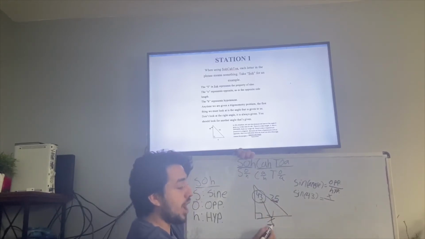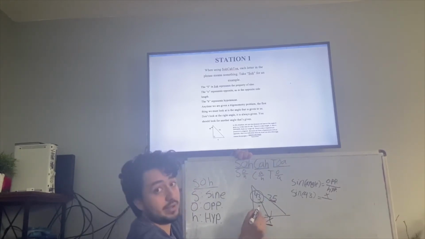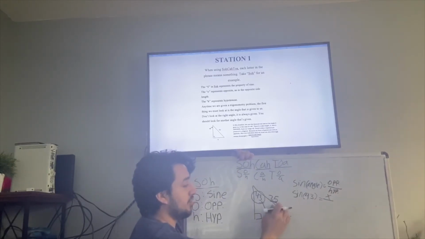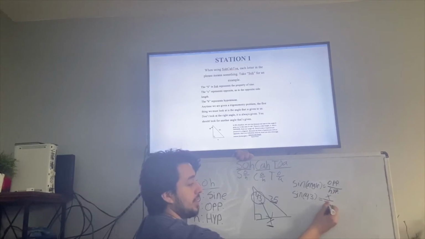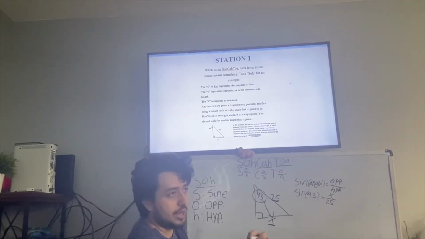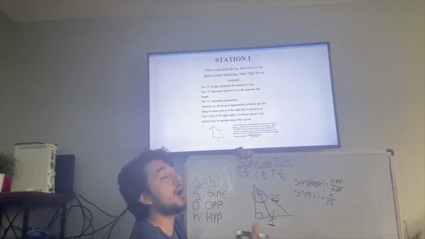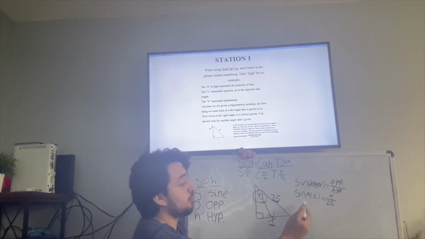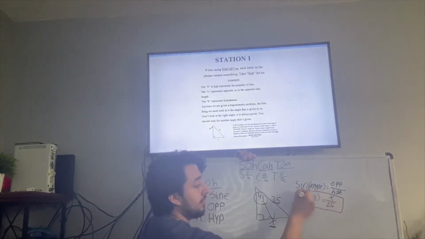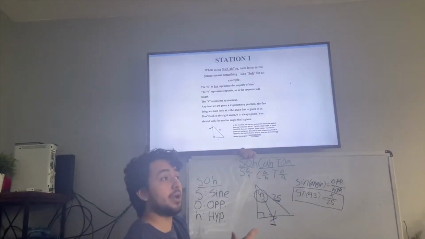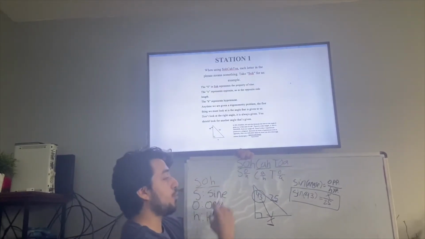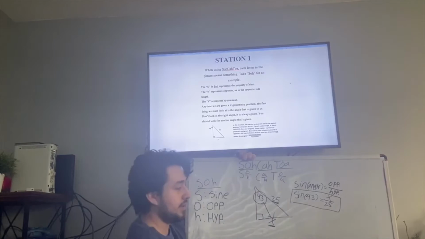It is across from the angle that's given. And our hypotenuse never changes. In any right triangle, you can always distinguish which side length is our hypotenuse, which is why we use sine of 43 is equal to x over 25. Now, if you look back on your notes, you will see this is exactly our first example. This is why we set it up this way.